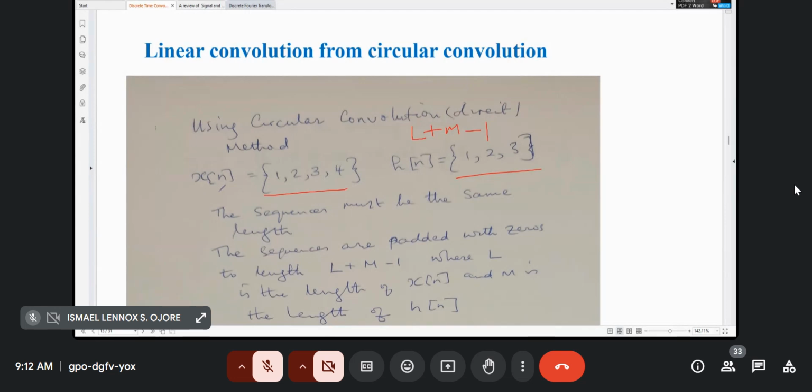So the length of the linear convolution of these two will be 4 plus 3 minus 1, so that will be 6. And once you do circular convolution, the output will be the same length as the two sequences, which are supposed to be of the same length.